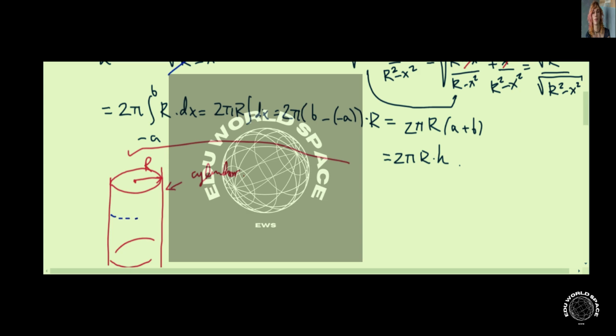Now we consider the surface area of the resulting piece of cutting again by two parallel planes, and the distance between these two is h.